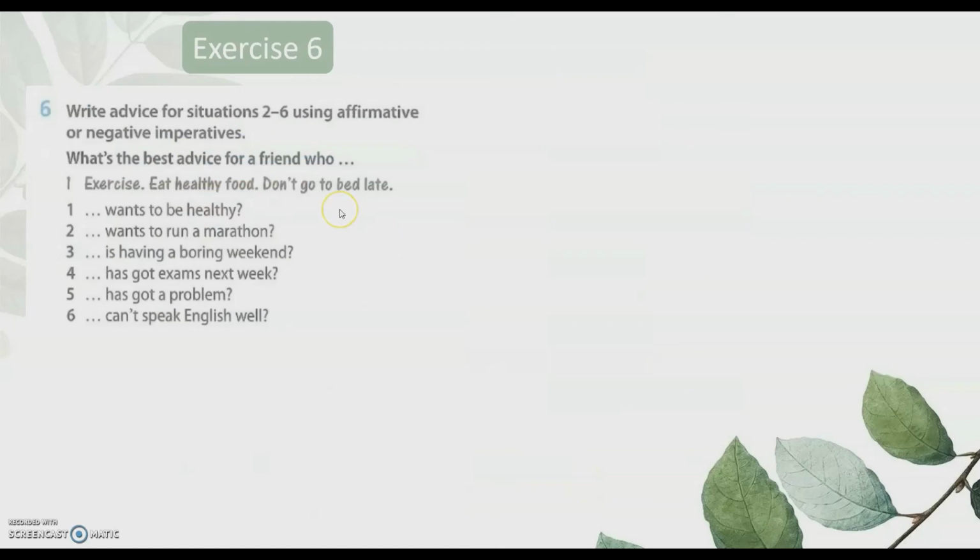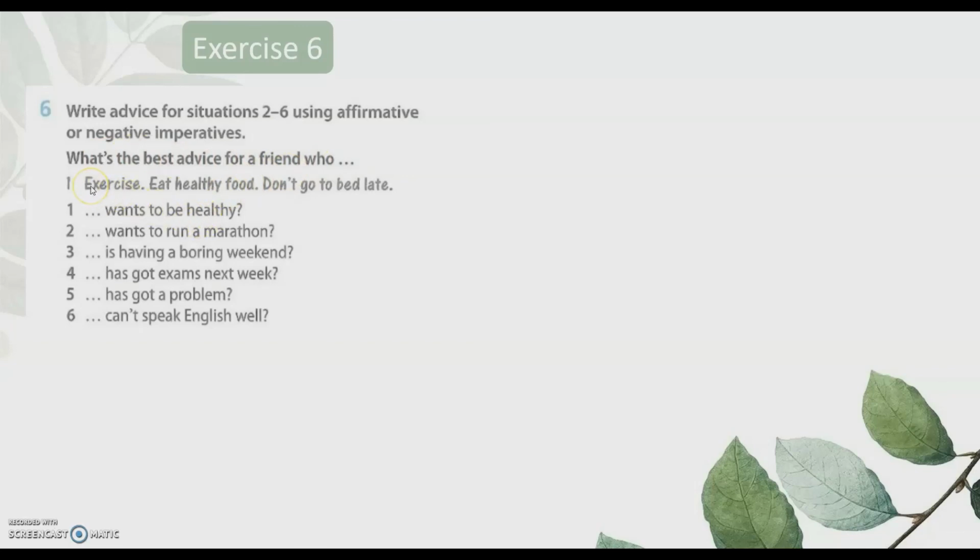For exercise 6, write advice for situations 2 until 6 using affirmative or negative imperative. Number 1: what's the best advice for a friend who wants to be healthy?